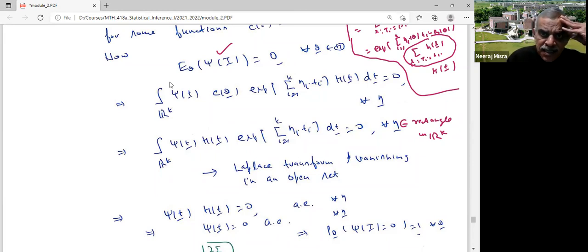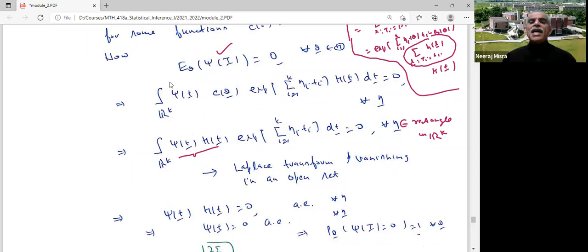What is this? This is a multivariate k-dimensional Laplace transform of a function psi(t) h(t), which is vanishing in an open rectangle in R^k only. This k and this k are connected.